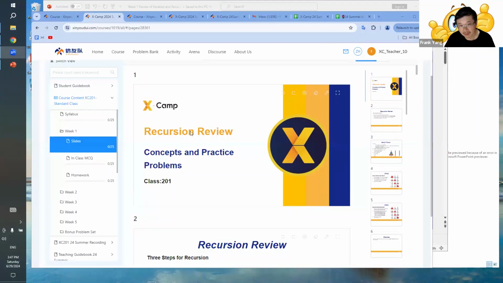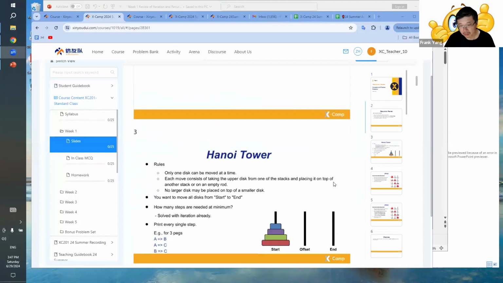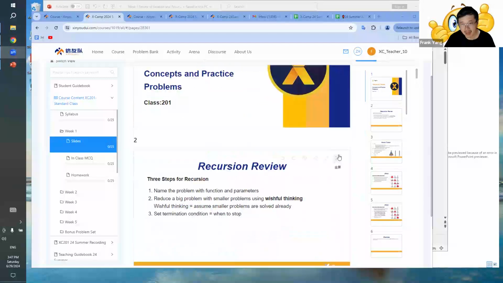We want people to remember that over and over. We will ask it over and over. So name the function, reduce a big problem to a smaller problem using wishful thinking, and set a termination condition so that the recursion can stop. Otherwise, it will run into infinity.